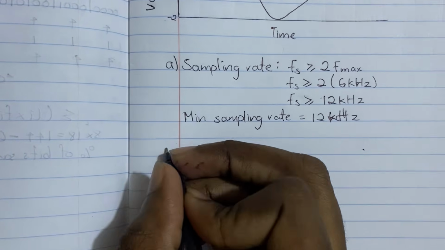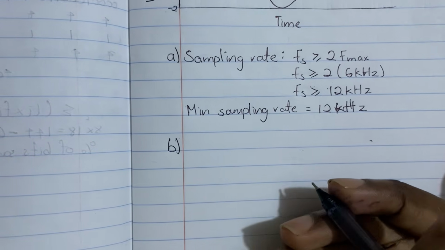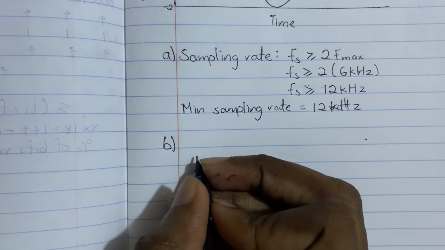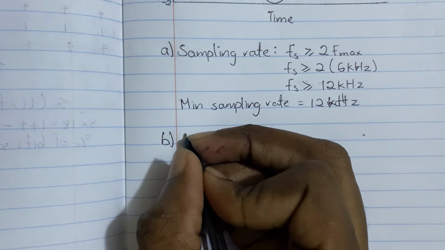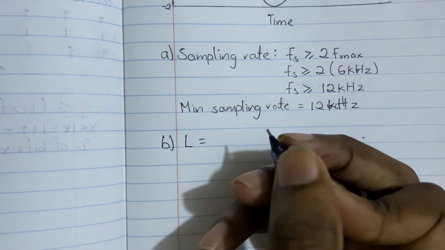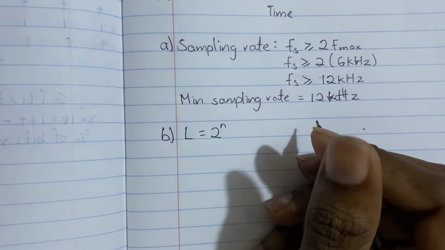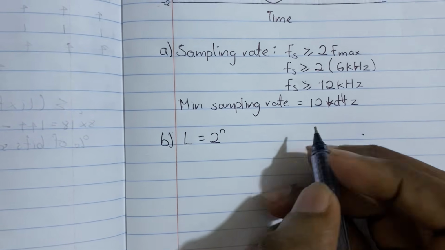Okay, so let's determine the number of quantization levels. Let's denote that as L. The formula is L = 2^n, where n is the number of bits or the bit depth.